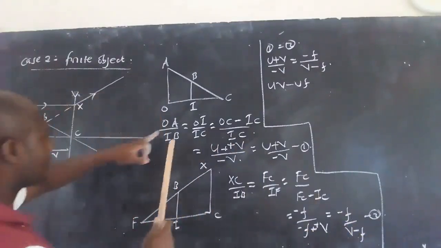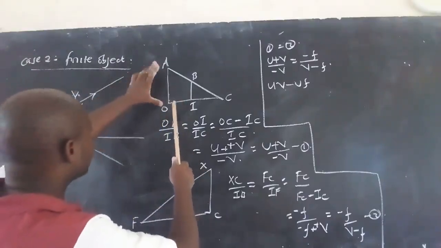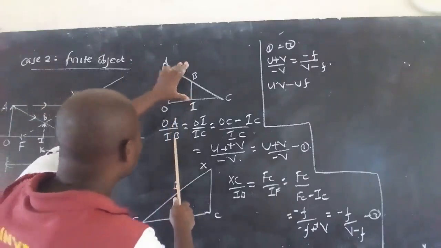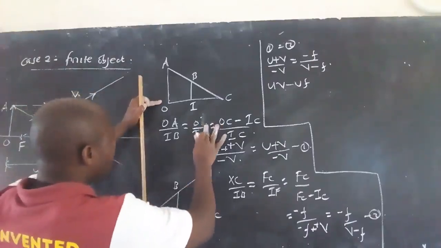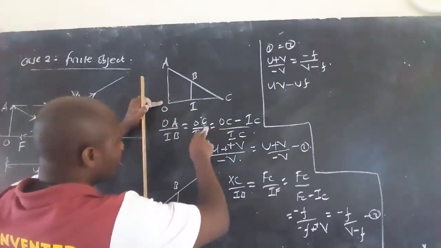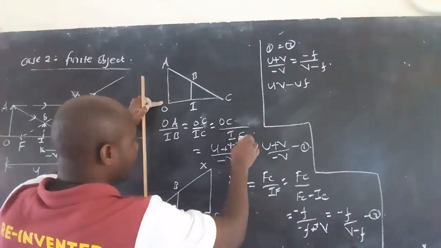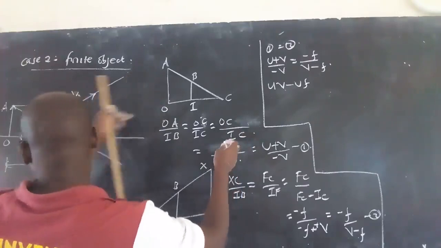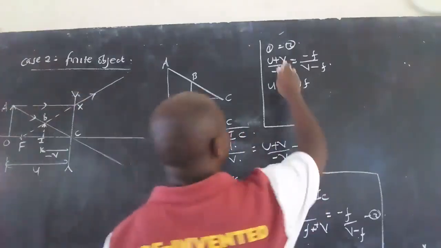Now equation 1, let's go back to equation 1. This is ON divided by IB, which is equal to OC divided by IC. There is a mistake here, this is OC, the whole length. And OC is our U. So we made the mistake here.